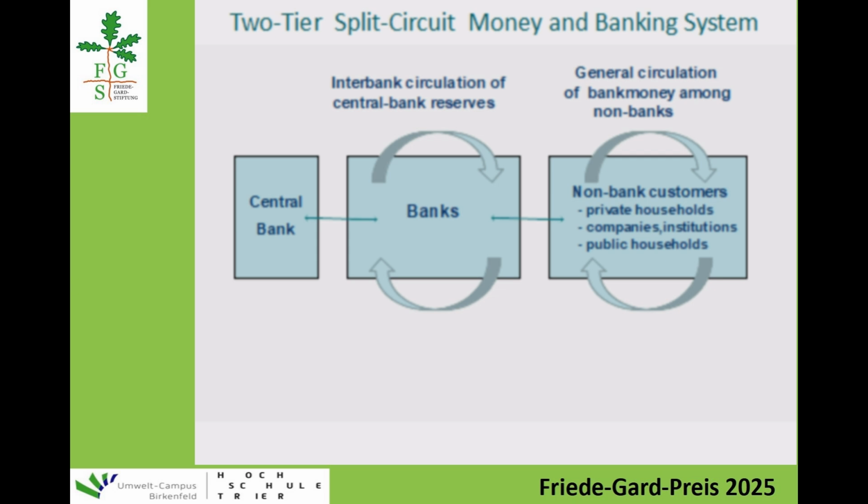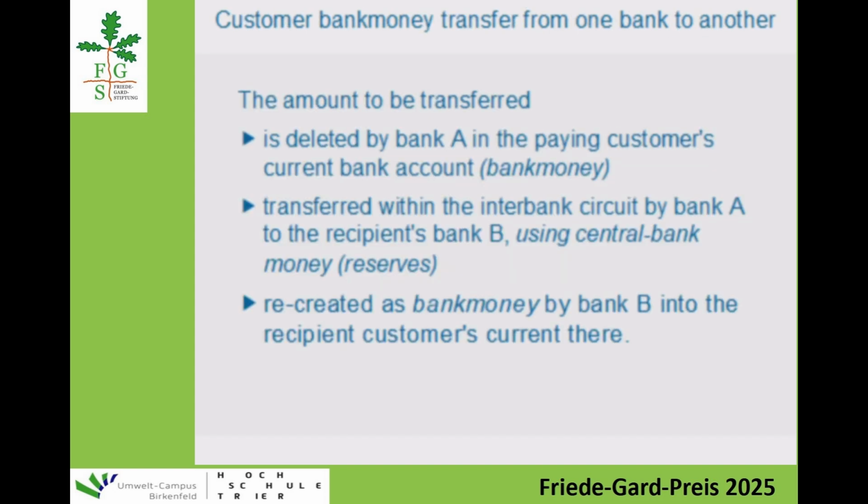What happens whenever we transfer a demand deposit from our bank account to a customer of another bank is the following. Our demand deposit is deleted by our bank in our account.